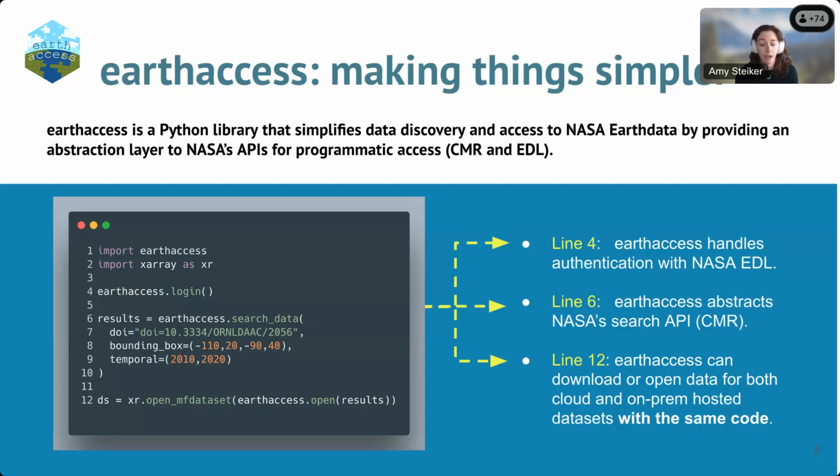With that final line, you can simply point Xarray to your earthaccess results in a single line, but also the same code will work no matter if you are running in the cloud or not. You don't have to figure out or change or modify your code or workflow. So right there, we've really reduced that complexity and helped to reduce those cloud adoption barriers in a really big way.